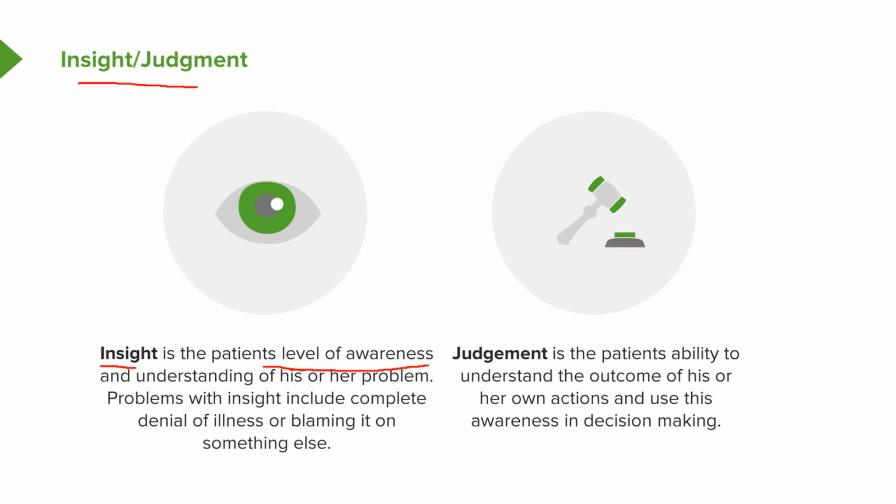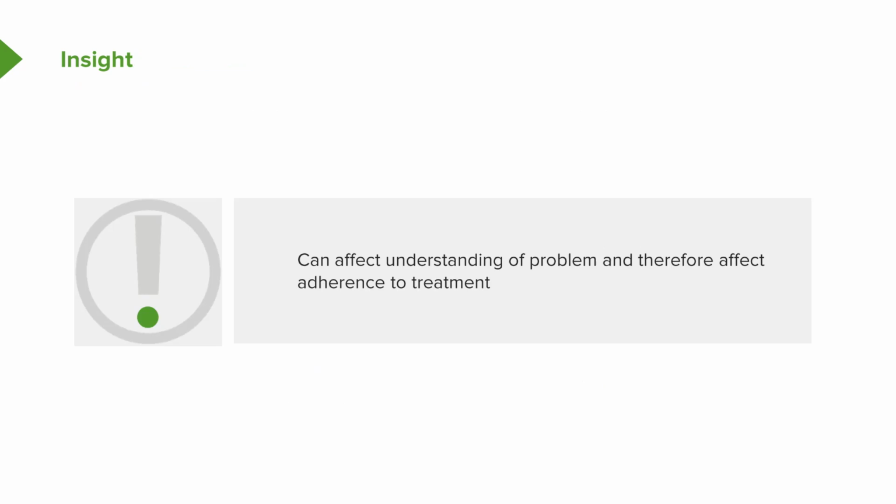Problems within insight might include complete denial of the illness or blaming it on something else. While judgment is the patient's ability to understand the outcome of his or her own actions and use this awareness in decision making. So these are important elements of your mental status examination.